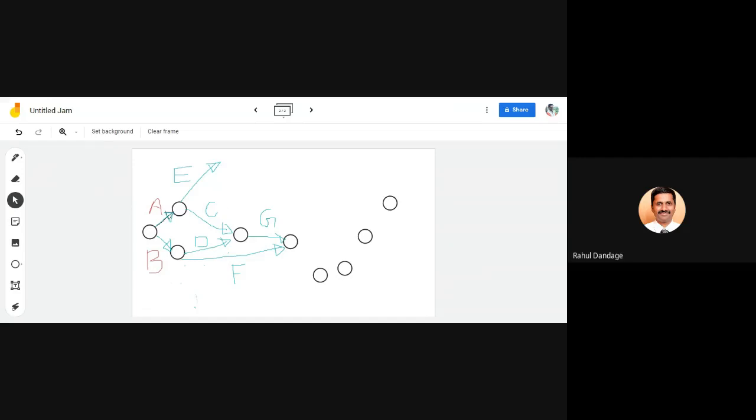Okay. And this H and I, they are predecessors for J. So let us go one by one. G and F, there should be H. So I am drawing one activity which is H. Now the further part. What about I?